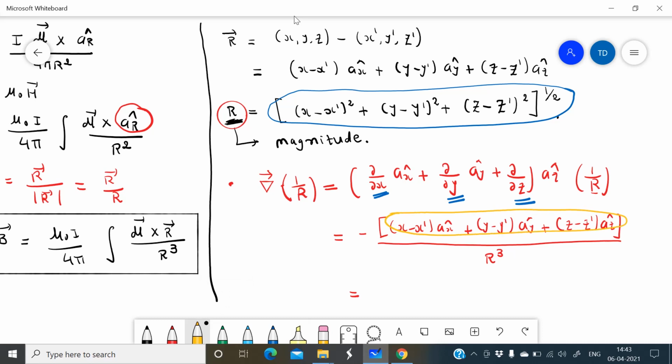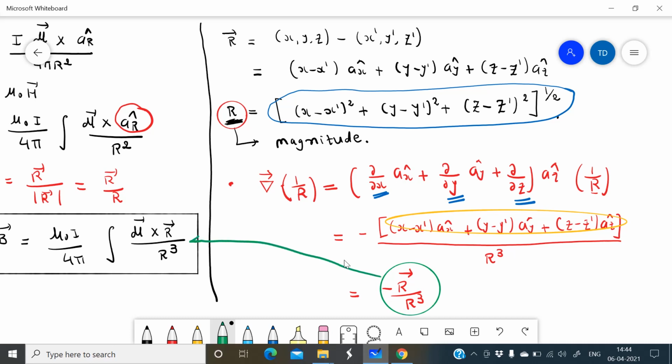So it is minus r vector upon r cube. Now I have to put this value, r vector upon r cube, here.